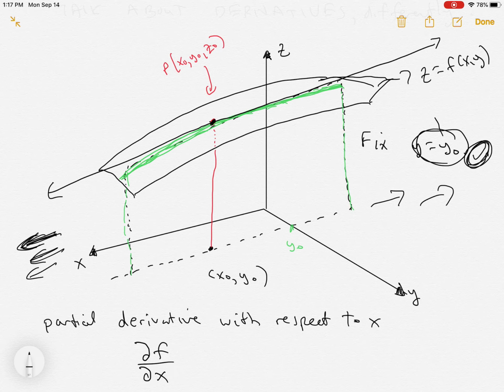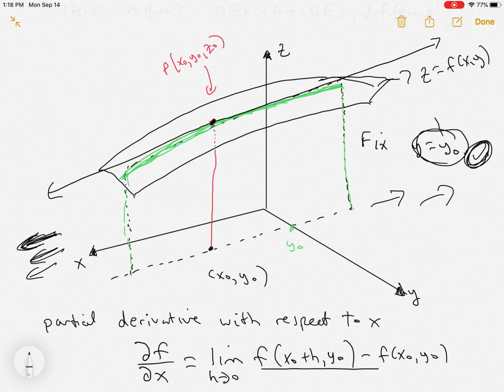Okay, and this turns out to be the limit as h approaches 0 of f of x naught plus h, y naught, minus f of x naught, y naught, over h, because the y's are fixed.